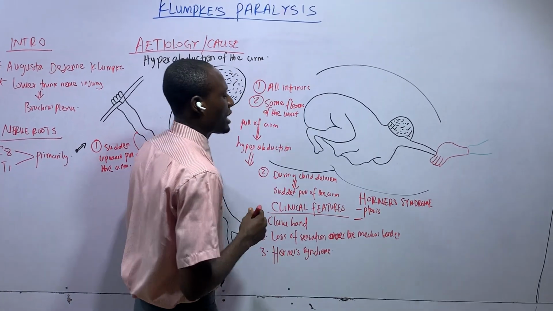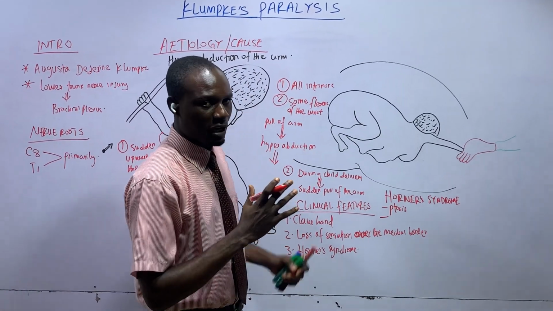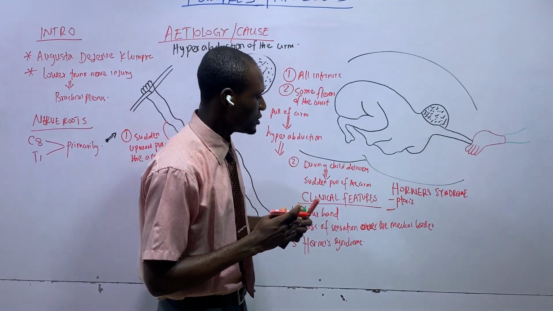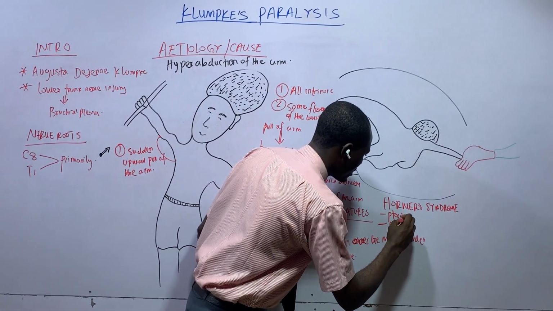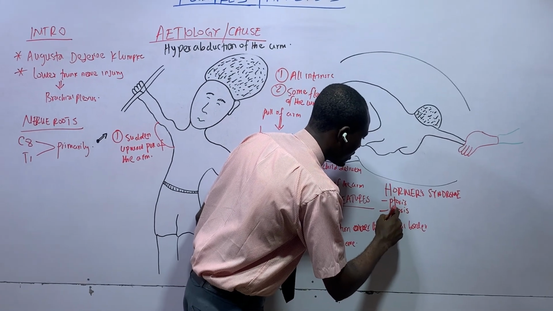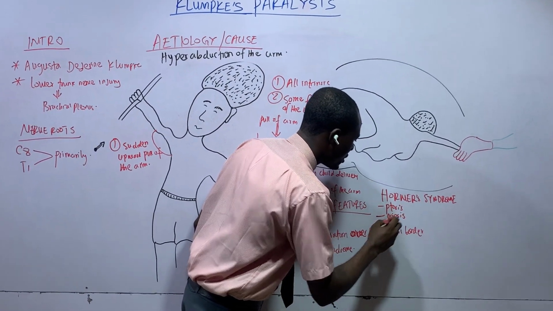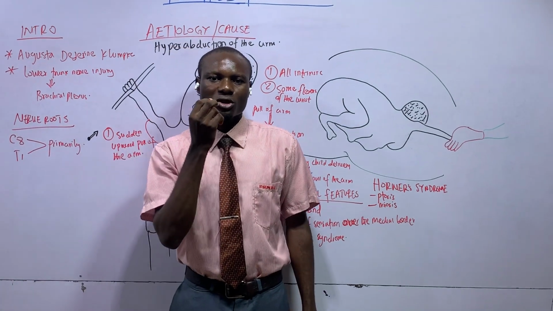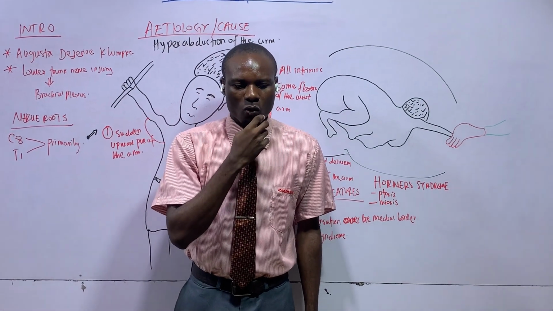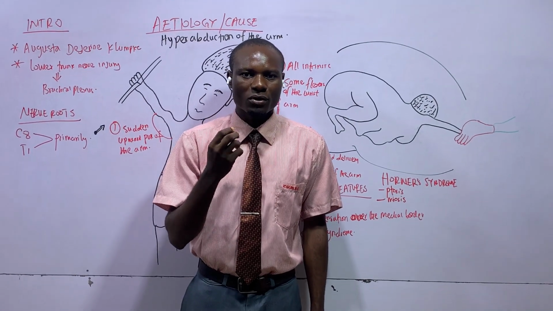Then another clinical feature that you're going to find in Horner syndrome is miosis. Miosis is a form of constriction of the pupil. Why is the pupillary constrictor dominating?